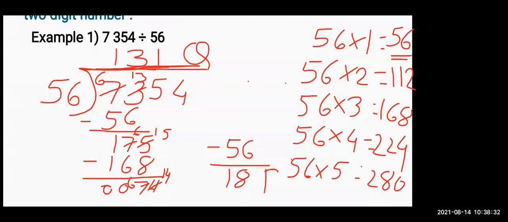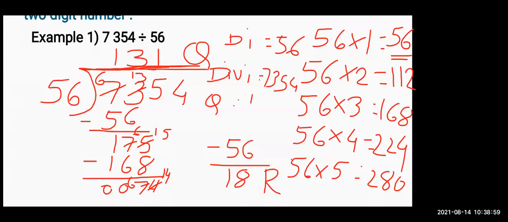Our remainder is 18. So you have to write down what is dividend, what is divisor, what is quotient, and what is remainder. You will write here divisor कितना है, 56. Dividend is 7354. Quotient is 131 and remainder is 18.